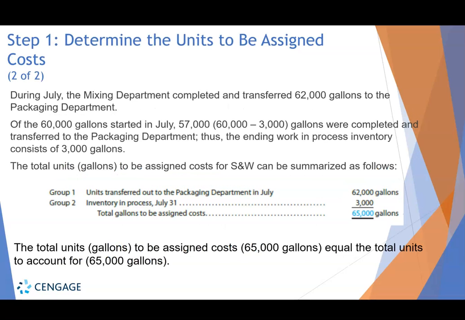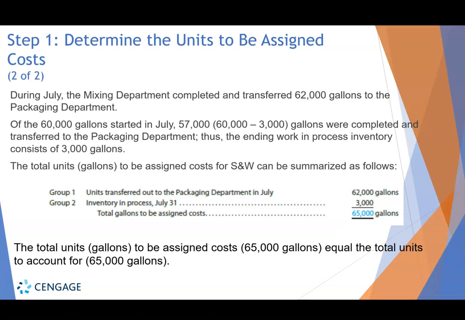During July, the mixing department completed and transferred 62,000 gallons to the packaging department. Of the 60,000 gallons started in July, 57,000 were completed and transferred to the packaging department. So the ending work in process has 3,000 gallons. So we know the units transferred out are 62,000. The inventory at the end of the month is 3,000.